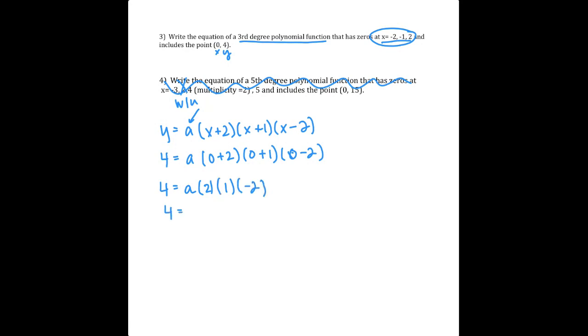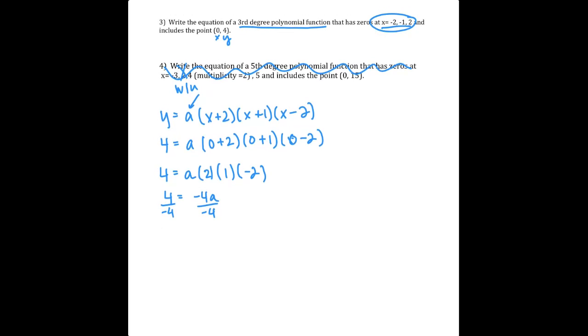So 4 is equal to -4a, divided by 4. A is equal to -1. So my equation is y is equal to -1 times x plus 2 times x plus 1 times x minus 2. And that is all for today.